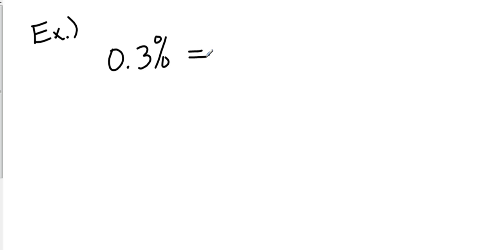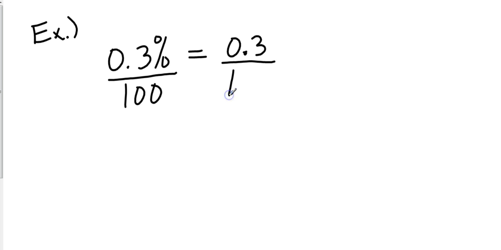Now, we know percent is out of 100, so I can put 0.3% over 100. But now I have an issue because I can't have a decimal inside a fraction. So how can I change 0.3 into a whole number?